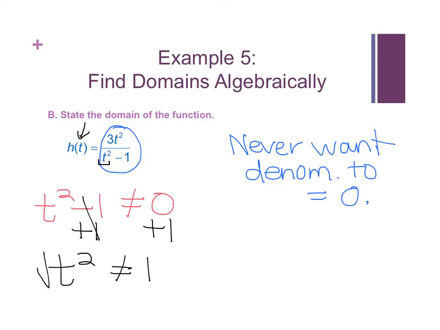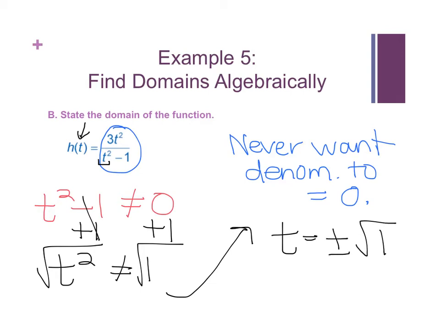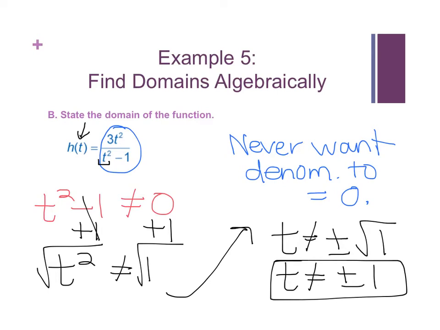If I take the square root of both sides of an equation, I need to put a plus or minus in front of our solution. So t cannot equal plus or minus the square root of 1, which implies that t cannot equal plus or minus 1, because the square root of 1 is 1. So t cannot equal 1 or negative 1.